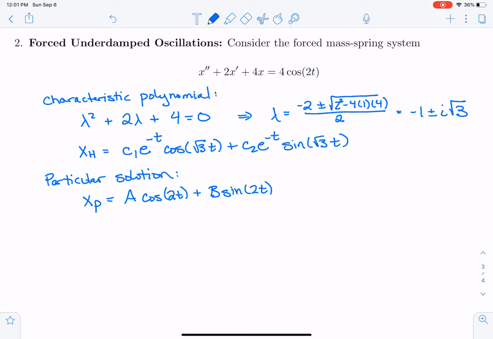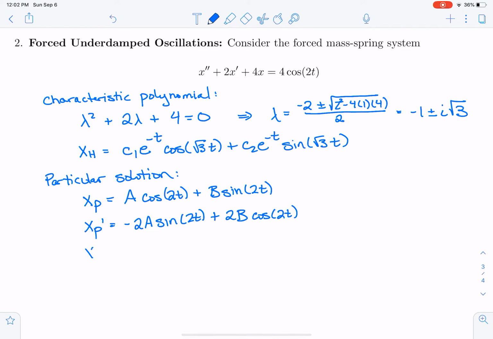Okay, we're going to want to substitute this particular solution into the differential equation. So we're going to take the derivative. The derivative is going to be minus 2A sine of 2t plus 2B cosine of 2t.